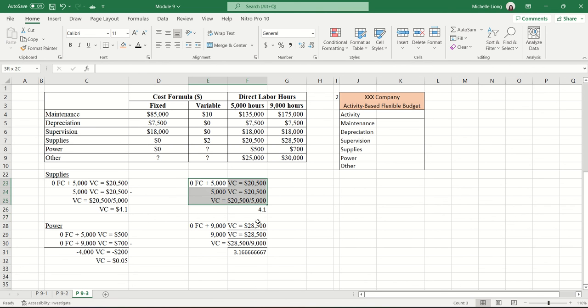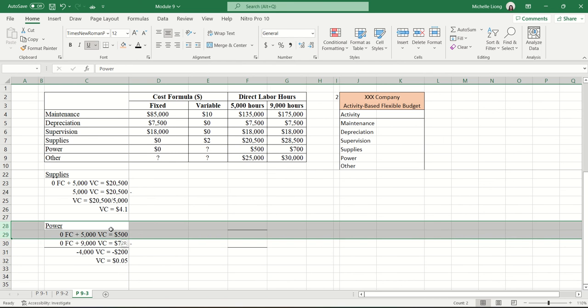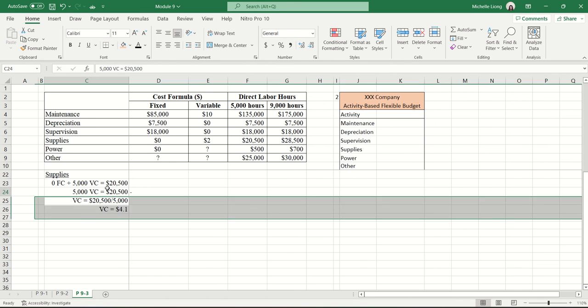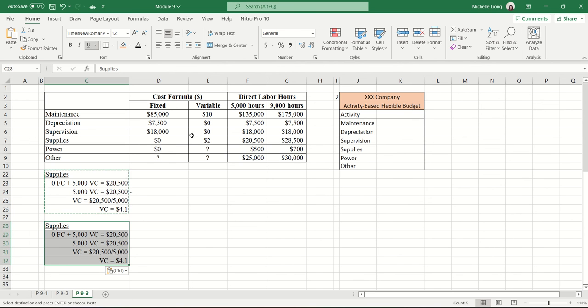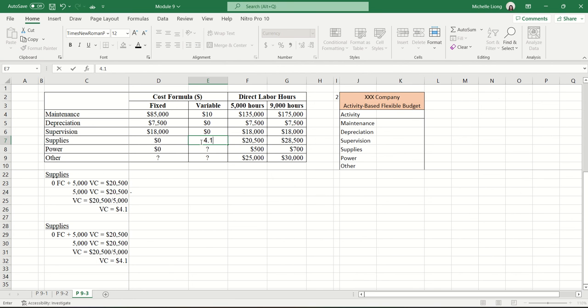Okay, and it is the same with our power. So I'll just eliminate this one first. Okay, so the same one as our power. Change it here, 4.1. For power, we're going to use 5,000. 500 with 5,000.